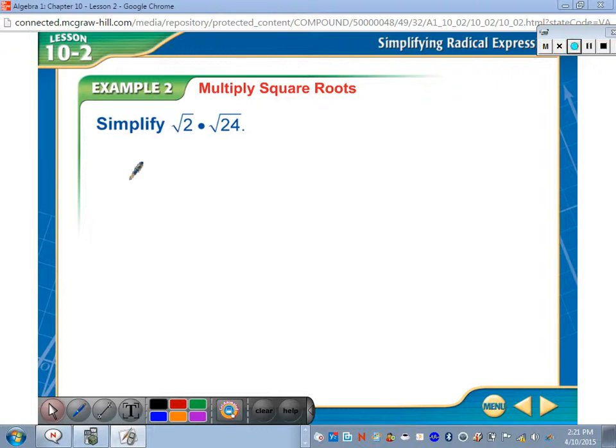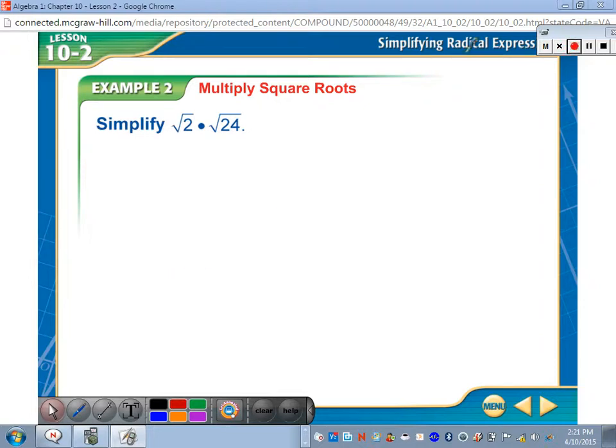The square cancels out the square root, so that's 2 square root of 3, and square root of 4 is 2. And then what you do is you multiply the numbers out front, so you're going to have 4 square root of 3. If it helps, let me rewrite this, and that might make it a little easier. So 2 square root of 3, 4 square root of 3.